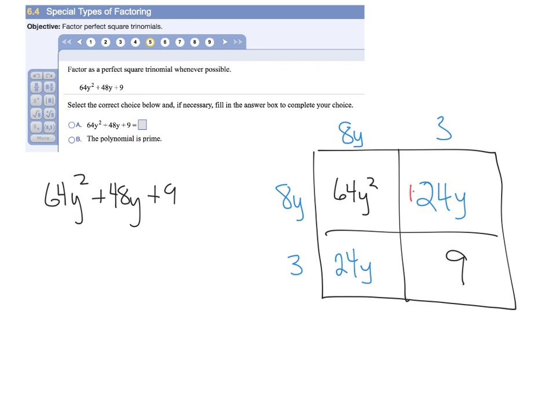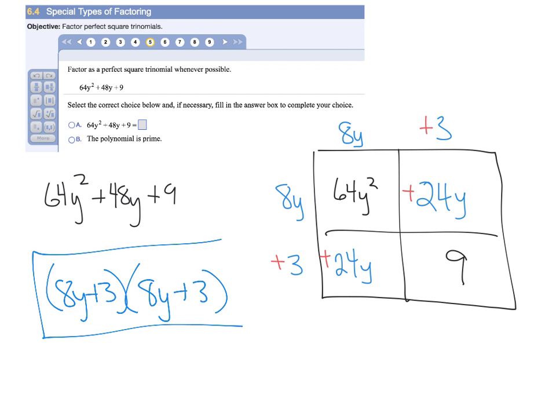So that means this needs to be a positive 24y, and that needs to be a positive 24y. So that makes these 3's positives. So we end up with 8y plus 3 times 8y plus 3. And that is our factors.